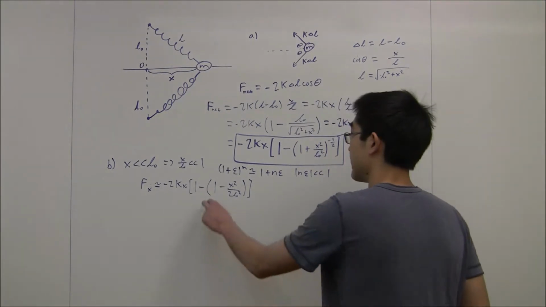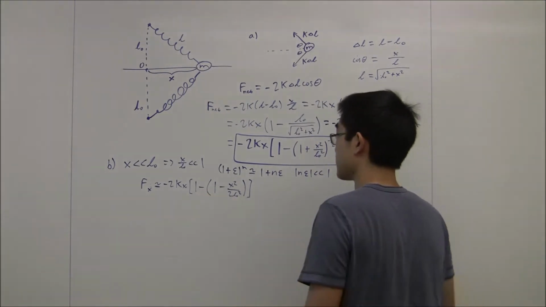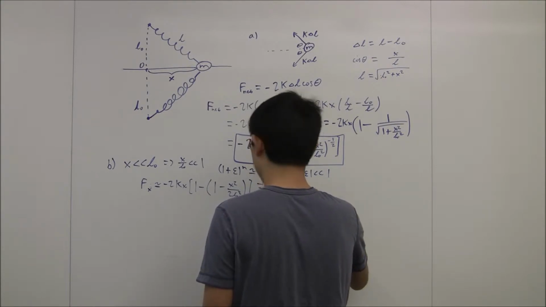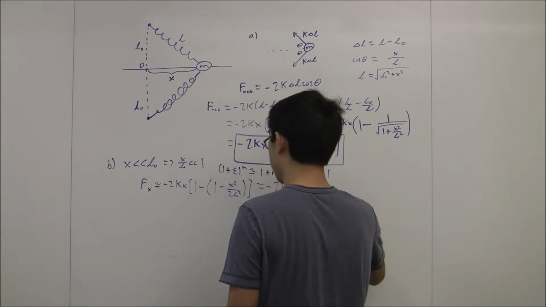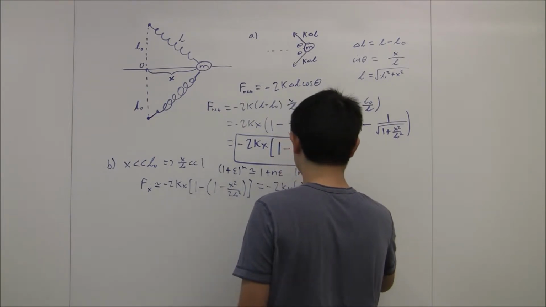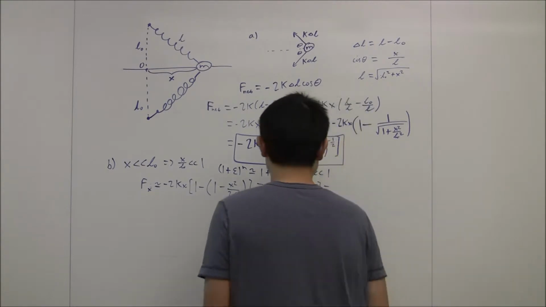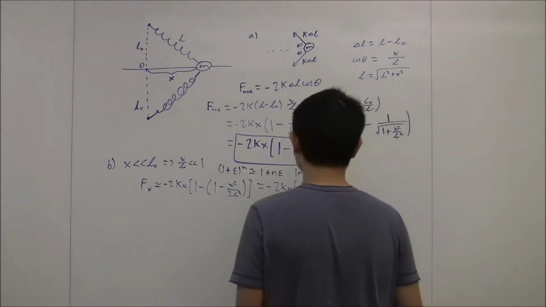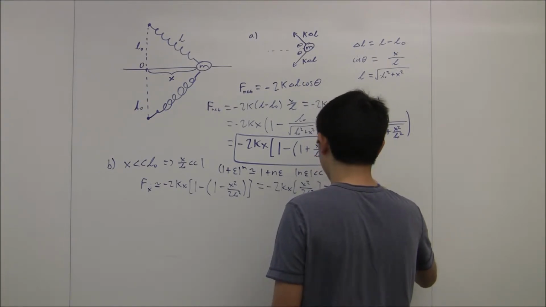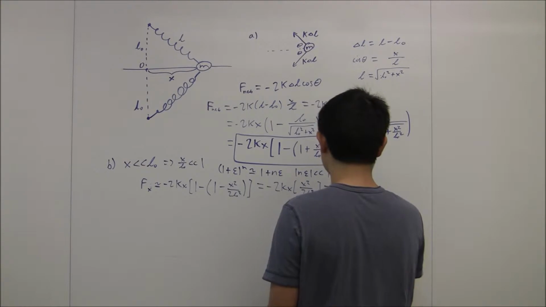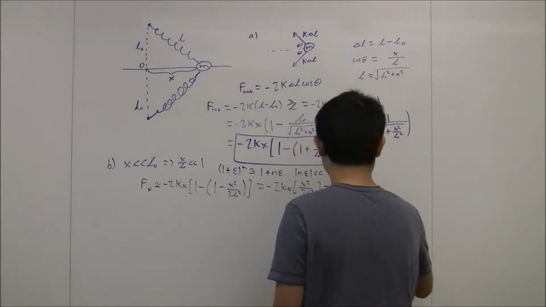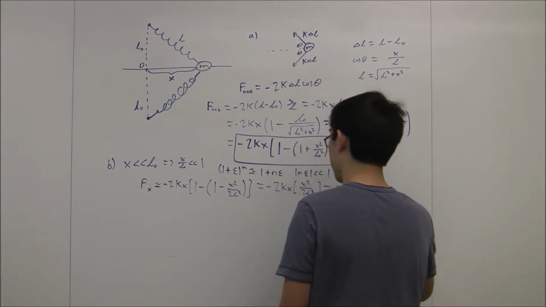So now notice that the ones cancel, and negative over negative gives you a positive, so that's going to be equal to negative 2 times kx times, in brackets, x squared over 2 L naught squared, which simplifies to negative kx cubed over L naught squared.